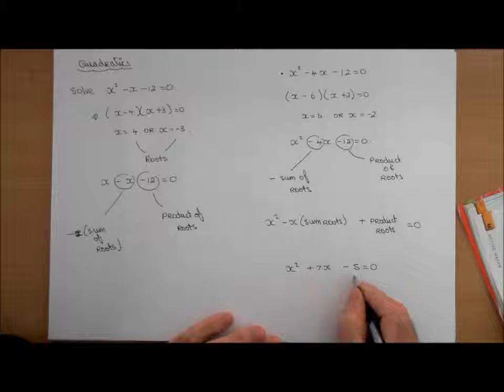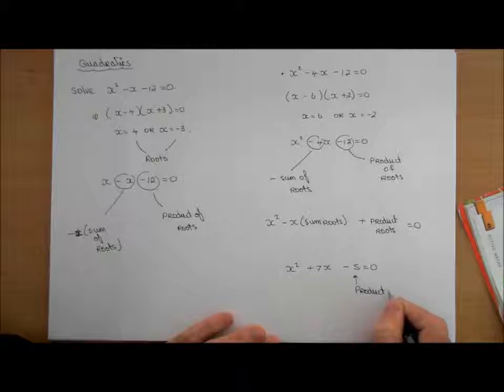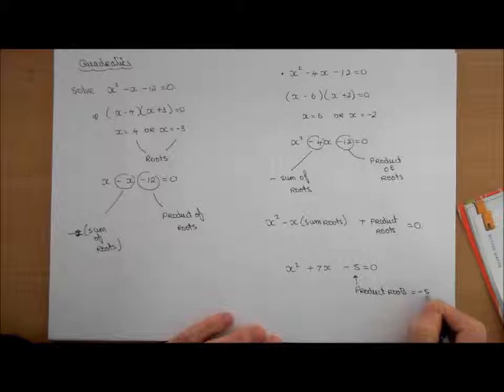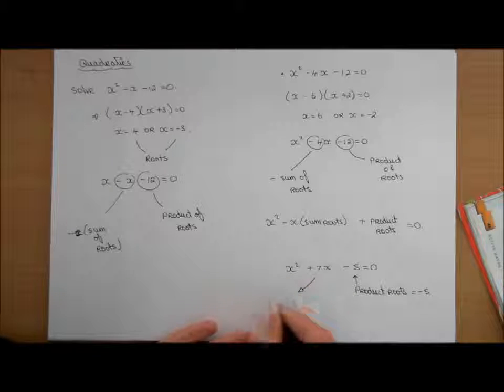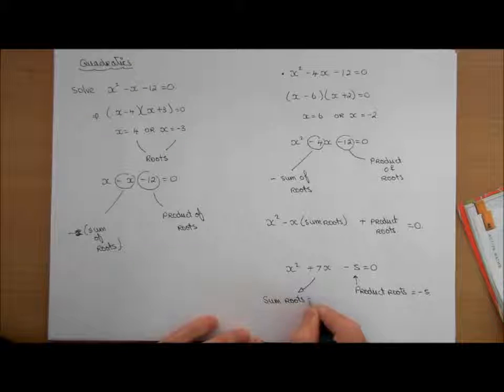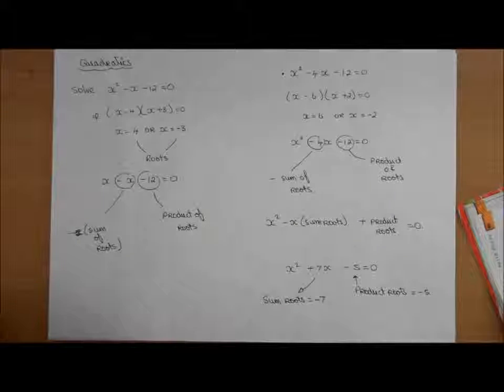Well, you know the product of the roots is what? Minus 5. And the sum of the roots is what? Minus 7. So if I give you any quadratic equation, you can tell me the sum of the roots, and you can also tell me the product of the roots.